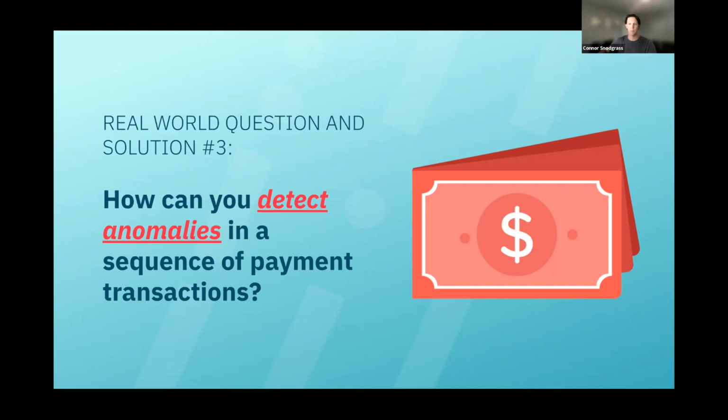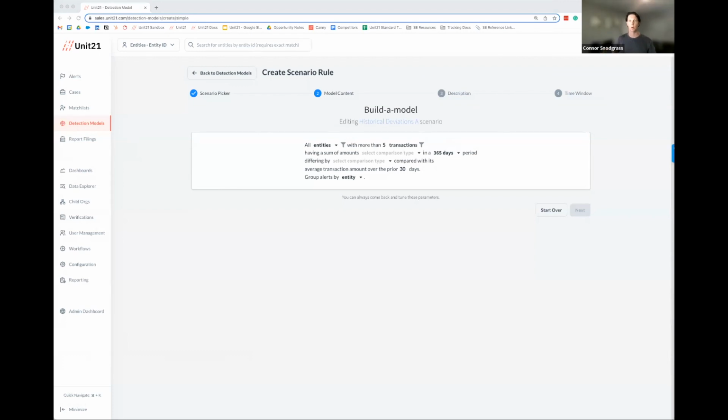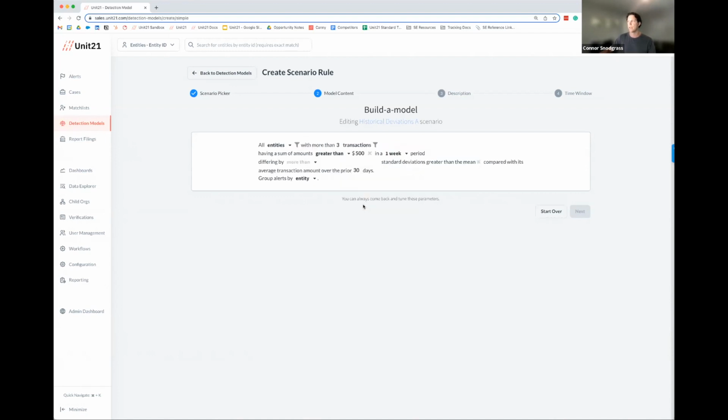Absolutely. So I've pulled up an example of a historical deviation model that's a standard rule in Unit21 that you can configure, where we're going to look at any entity who's made more than, let's say, 3 transactions where the sum in dollar terms is greater than $500 in the last week, and it differs either by a pure number, a dollar value, a percentage, or even a standard deviation.